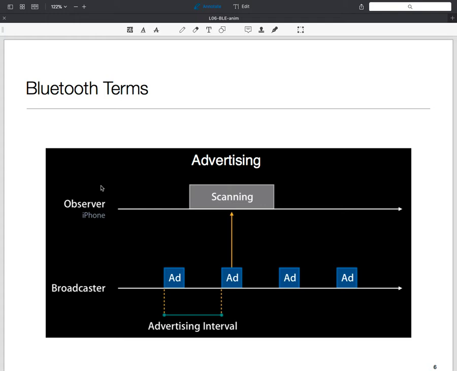You may have seen products like BTLE key fobs, so that if you lose your key you can discover it, or baggage tags. There are a lot of these applications which are emerging. And the advertisement interval is set relatively low there to be able to keep the power consumption low.